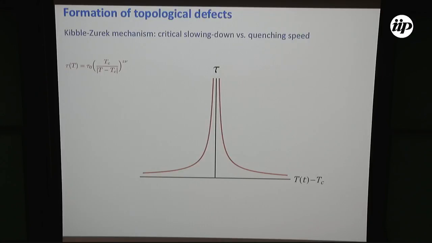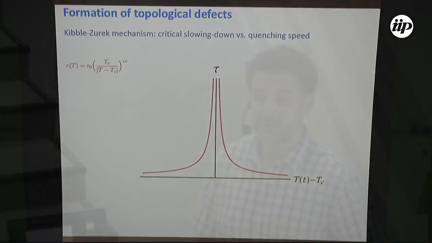So in general, the relaxation time of the system as we approach the critical temperature increases and formally diverges, as I showed you here. As a result of this divergence, as we approach the critical point, the system needs more and more time to find the state of equilibrium.